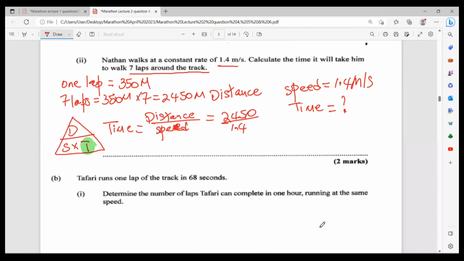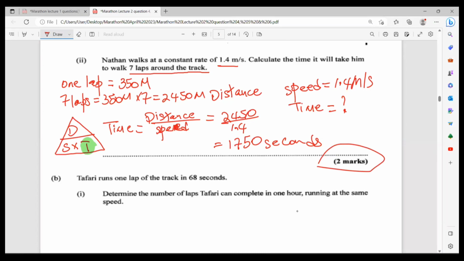What do you get? 1,750. All right, so that is the time he's going to take. This man will take 1,750 seconds to do that. Yes, Wilson, that's the time. 2 marks for it.